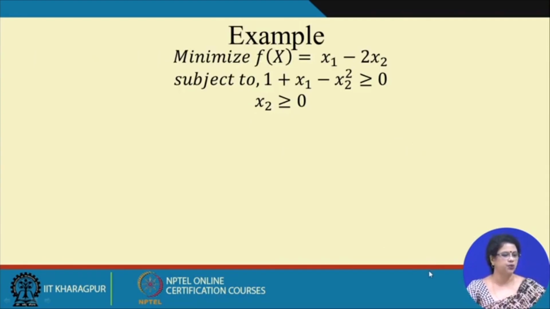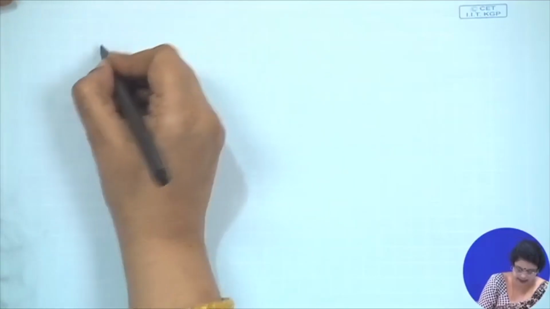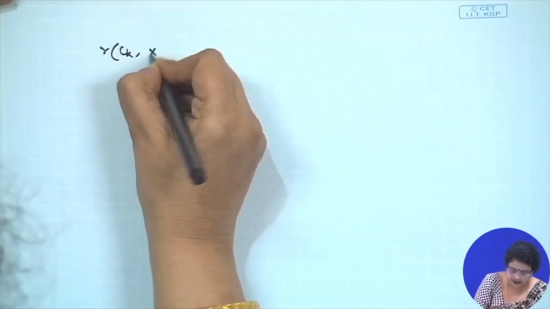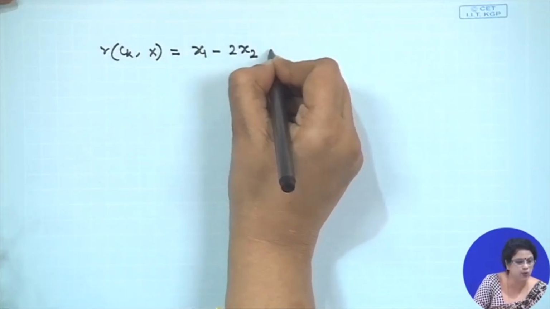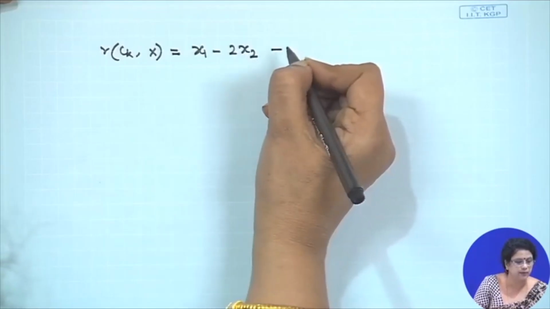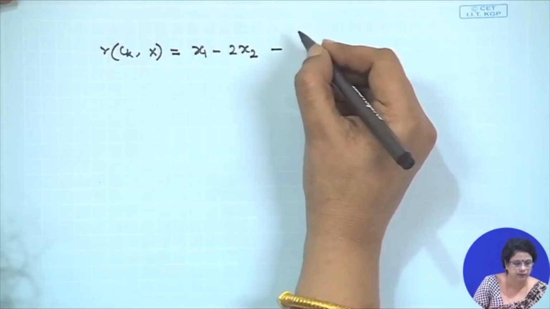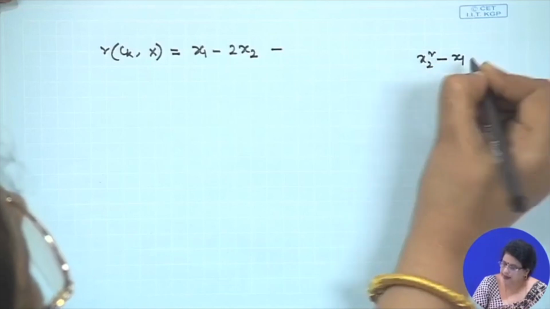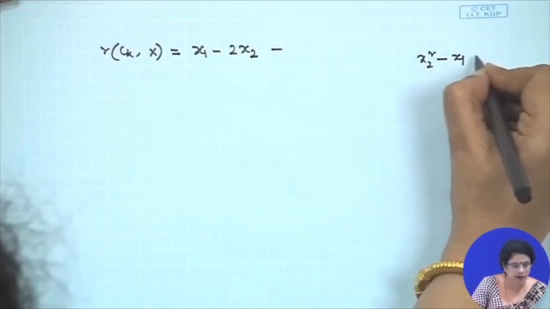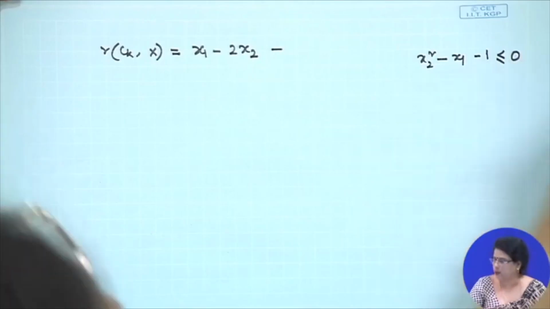Minimize x_1 minus 2 x_2 subject to 1 plus x_1 minus x_2 squared greater than or equal to 0. If this is the problem for us, then we can say that our r(x, c_k) must be equal to x_1 minus 2 x_2 minus c_k times, if I consider g(x), g(x) will be x_2 squared minus x_1 minus 1 less than or equal to 0.